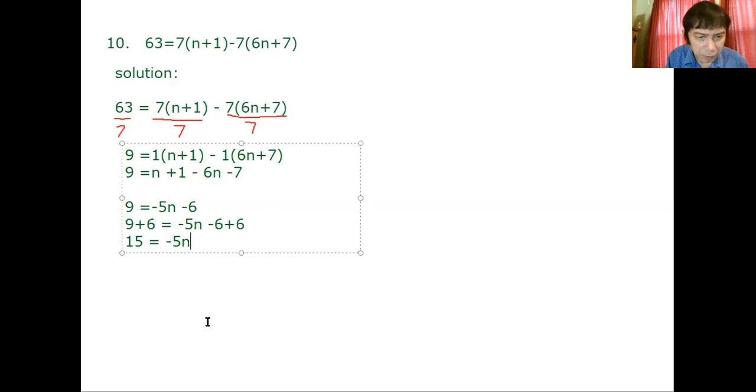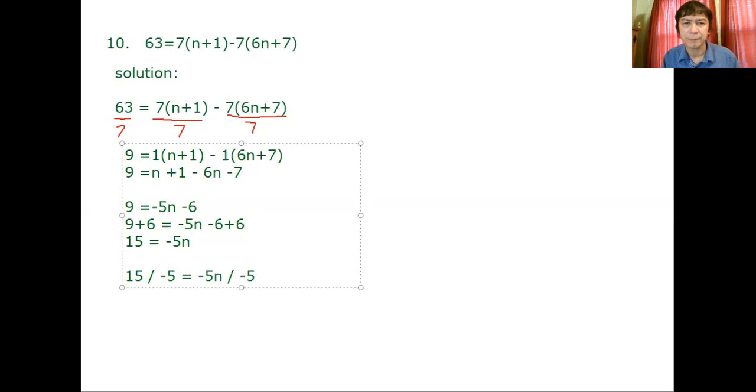All right. So the next line, we're going to solve the problem by the last and final step, and that's by division. So this is now 15. We divide by the number beside the letter, and that should be the -5. And this is -5n. We divide this by the -5. There. So this will now be giving us 15 divided by -5 is a -3.